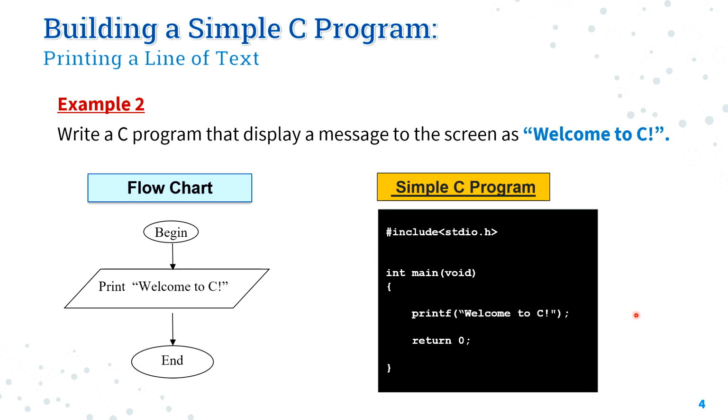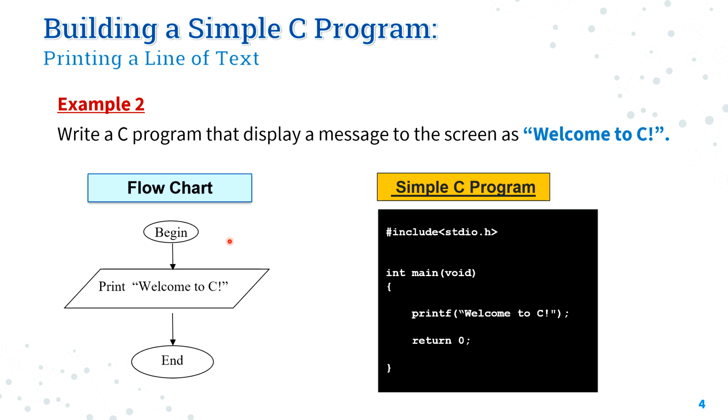So on this slide, we are looking at example 2, where the task is very simple. The task is for us to write a C program that displays the message "Welcome to C" on the screen. Before we jump straight into the code, notice that we are still following the same logical structure as before. The algorithm is very straightforward. You start with begin, print "Welcome to C," and end.